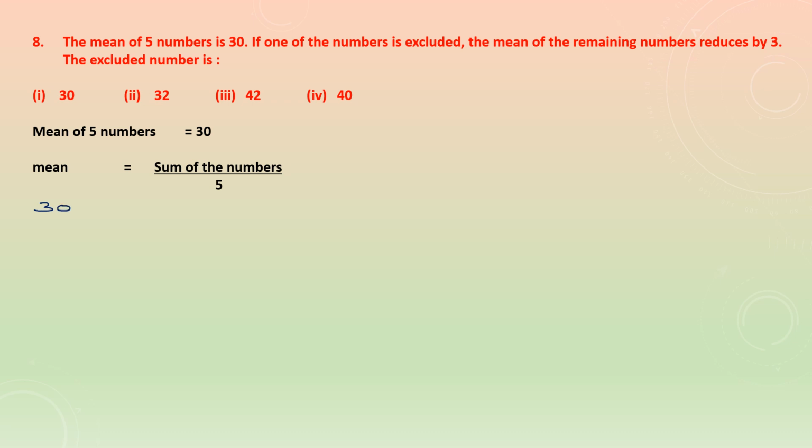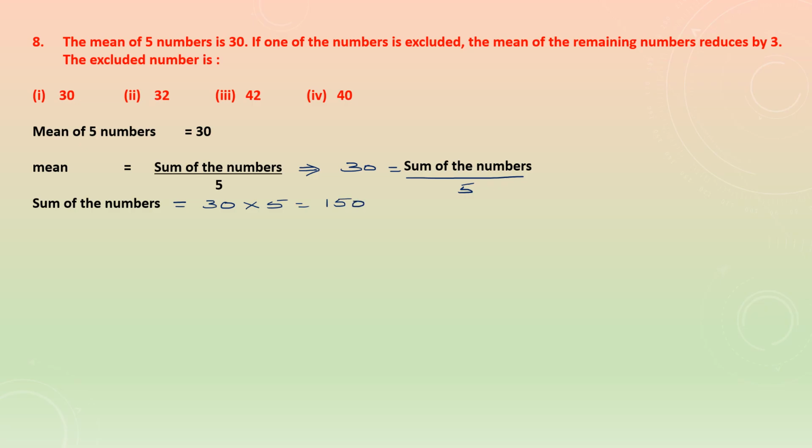So 30 is equal to sum of the numbers divided by 5. Now to find the sum of the numbers, we just have to move this 5 to the other side, that is 5 into 30. So sum of the numbers will be 30 into 5, which is 150. So we have found the sum of 5 numbers now.